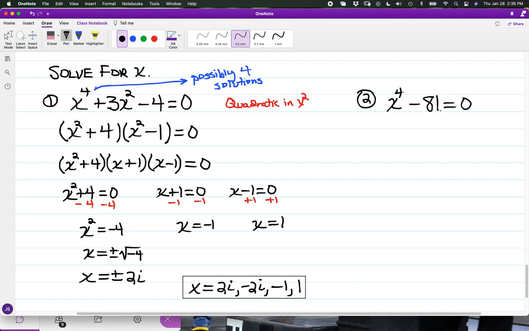Okay, in the higher degree in the variable, x to the fourth minus 81, this in its own capacity is a difference of squares. Because here we have x to the fourth, which is the square of x squared, and 81 is the square of 9. And so I could factor what I have here to x squared plus 9 and x squared minus 9.